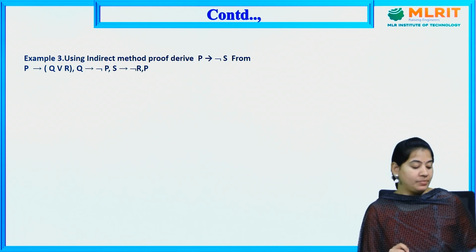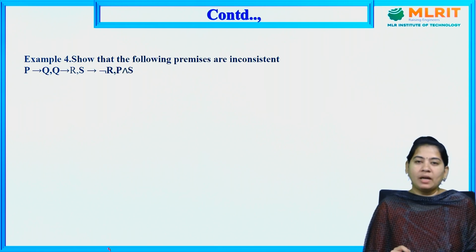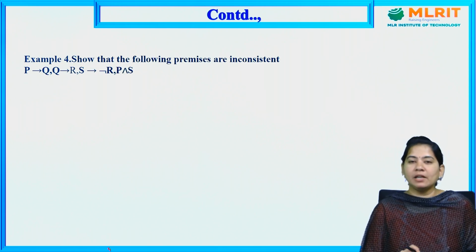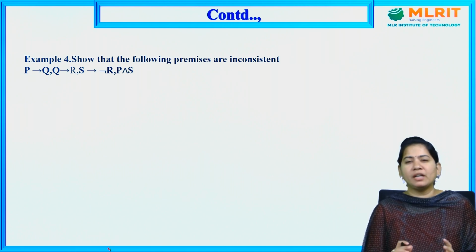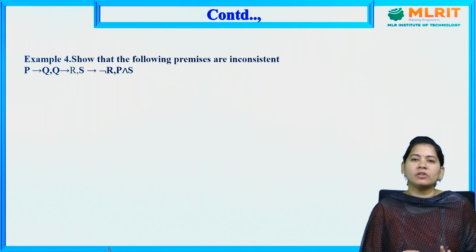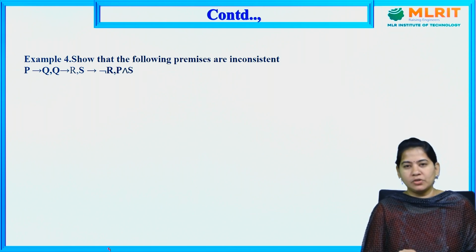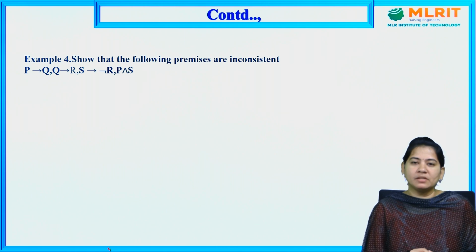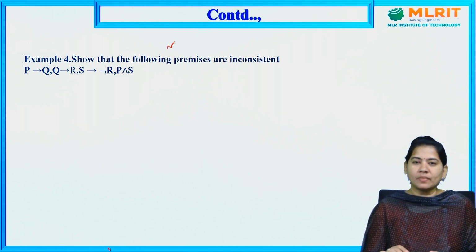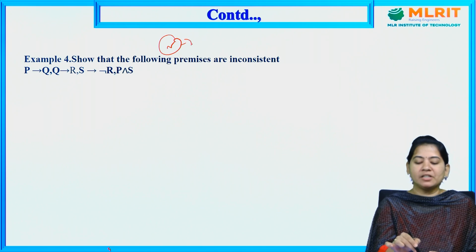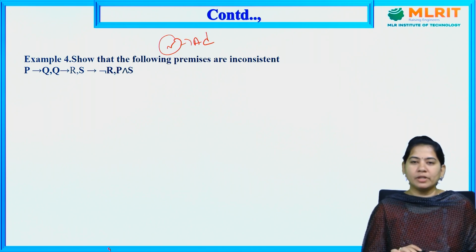So now if we observe here the last question, and not only indirect method, the other name for indirect method is inconsistency of premises. What is the difference? For the indirect method of proof, they will be giving the conclusion and they will be giving some premises. For the conclusion, we have to include negation and you need to take it as an additional premise and solve along with the given premises.